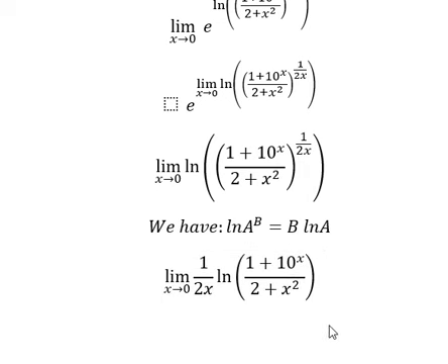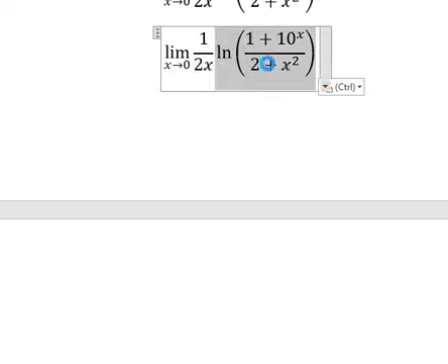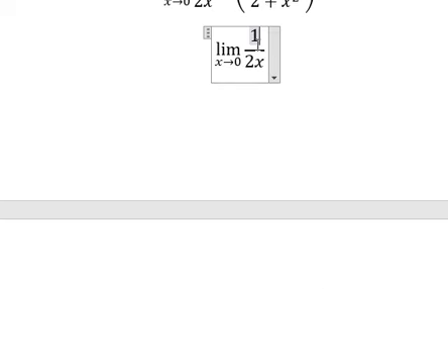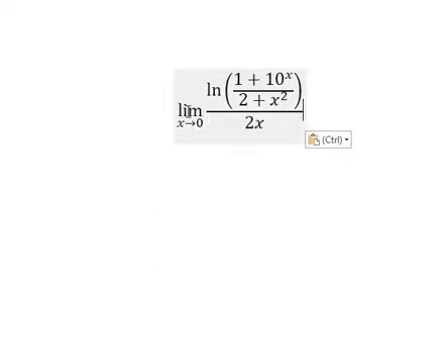So we can arrange it a little bit. When s approaches 0, we put 0 in here and 0 in here. So this one we have 1.